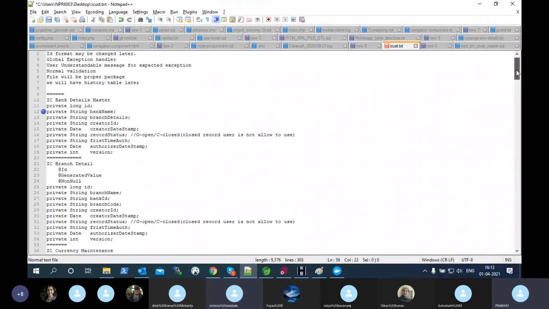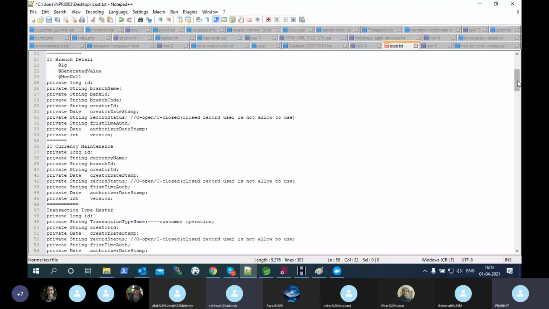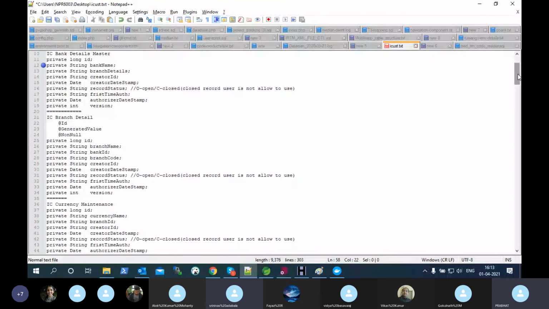Alok sir, one more thing I want to discuss about the date type. Usually if we are using java.sql, it goes to the table. Which one are you using, Prabhat? It is util date.